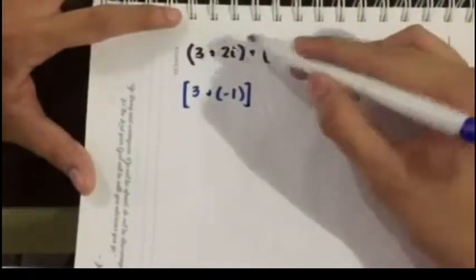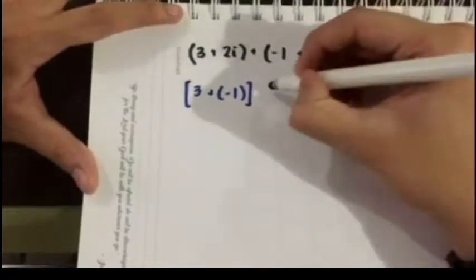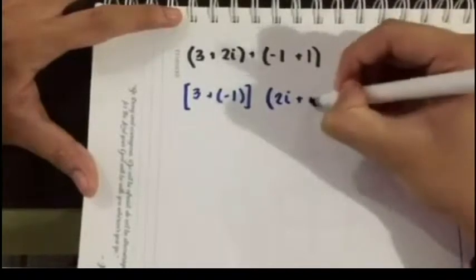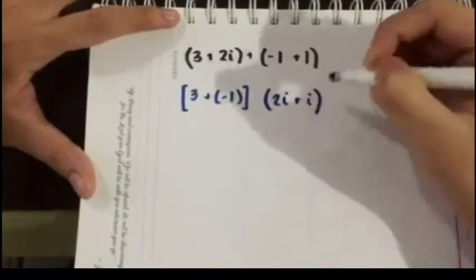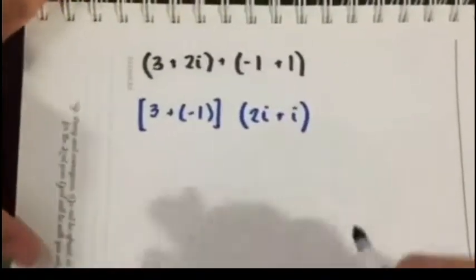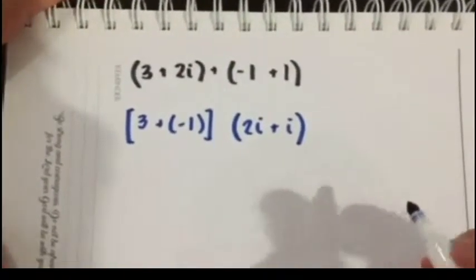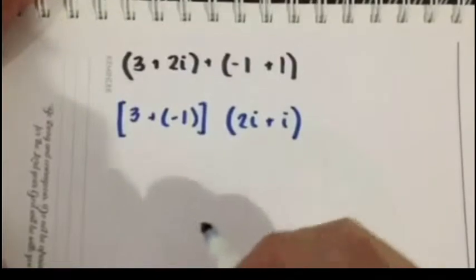Then, we must also add the imaginary numbers: 2i plus i. Then we must just join them in an equation and simplify them.